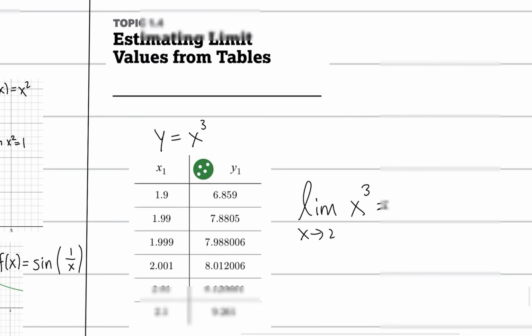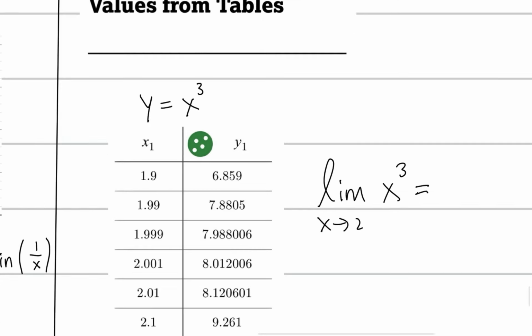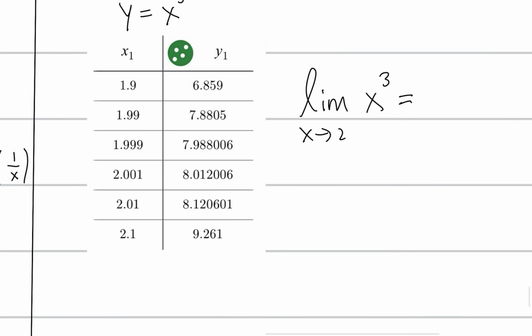Topic 1.4 is estimating limit values from tables. So consider y is equal to x cubed. Now, this is the table of values. If we want to find the limit as x approaches 2 of x cubed, we have to take values of x closer and closer to 2. So notice, as we get closer and closer to 2 from the minus side, because remember, we're going from the left, values less than 2, our y's get closer and closer to about 8.